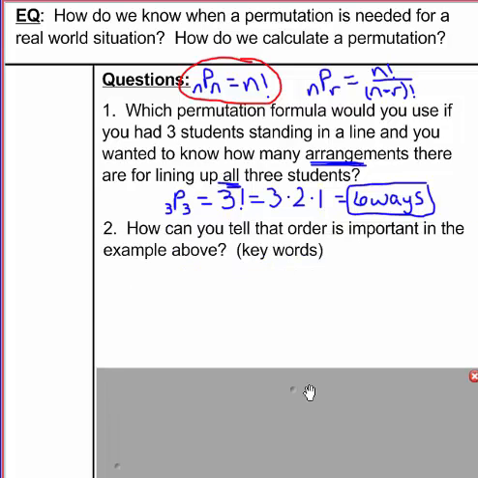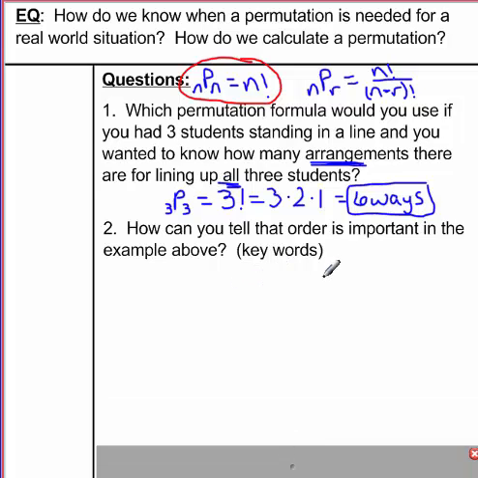Next question. How can you tell that order is important in the above example? So we actually talked about this. I mentioned it as we were going through the example. So we're looking for some keywords. What are some keywords that let us know we're using a permutation? In this case, the word arrange tells us that we have a permutation.